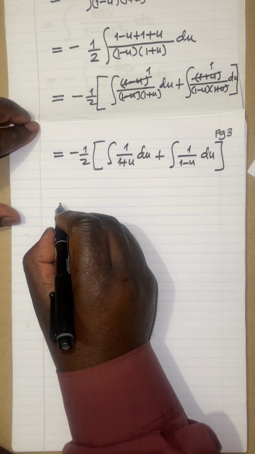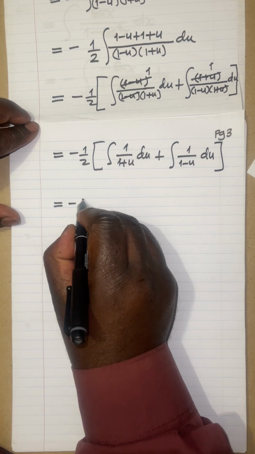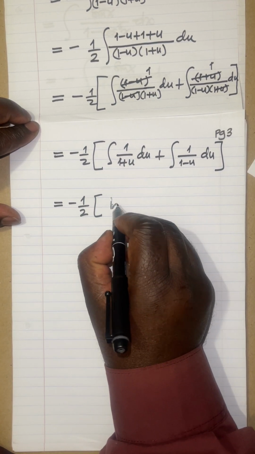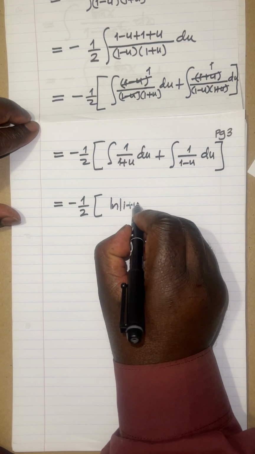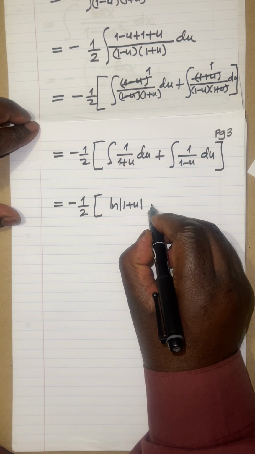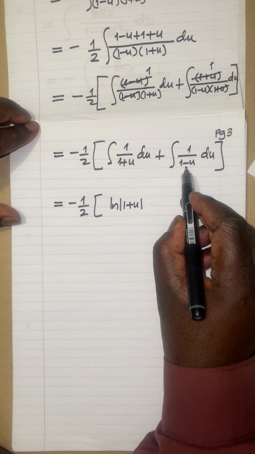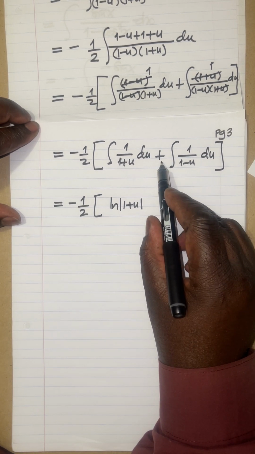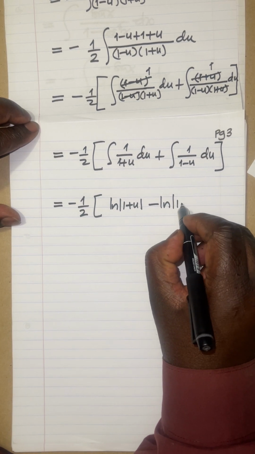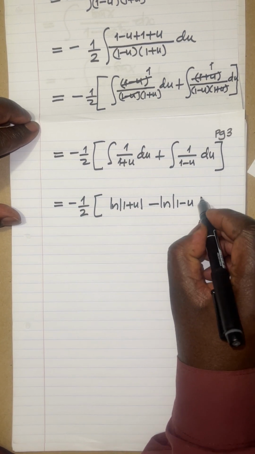Evaluating this integral, you've seen it from the previous examples so far, that this is just going to be the natural log of 1 plus u, because u is positive, plus, if you like, but this is minus u, so it will change the sign there to minus. So this is going to be minus natural log of 1 minus u, like this.